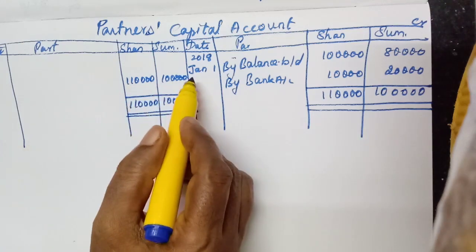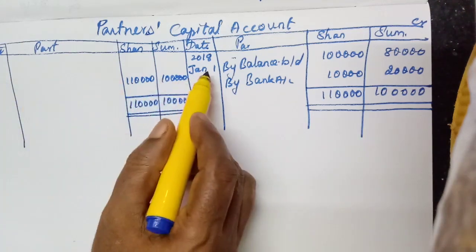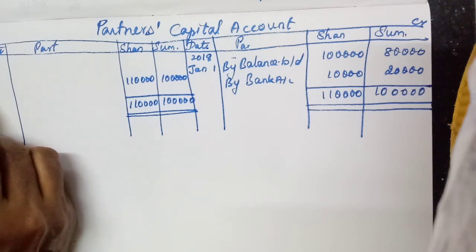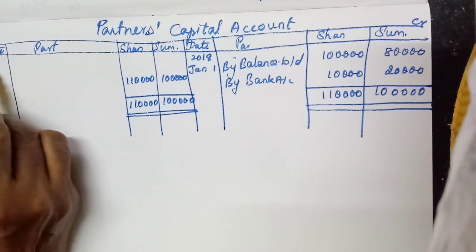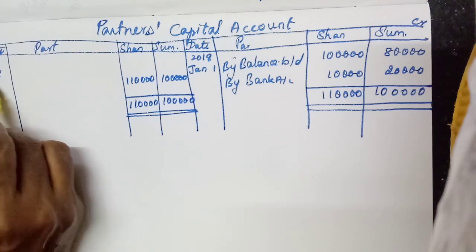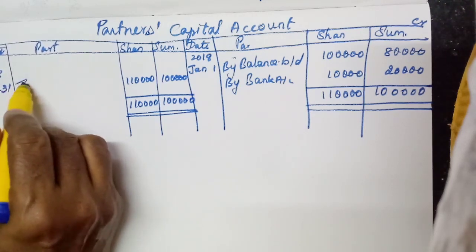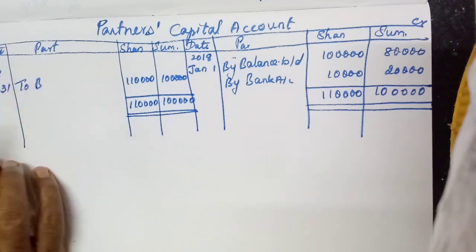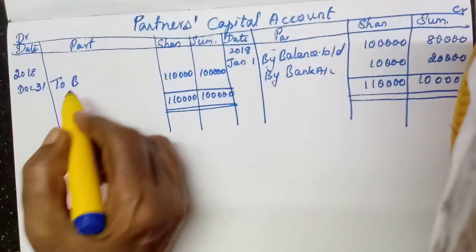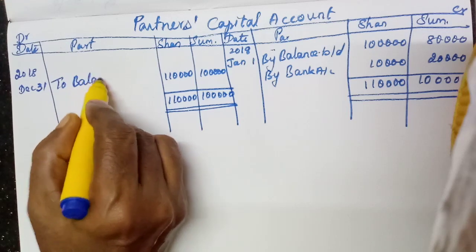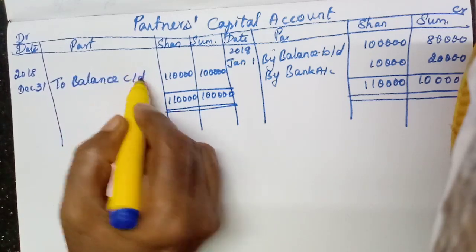So we write the end of this year, 2018 December 31, to balance carried down.